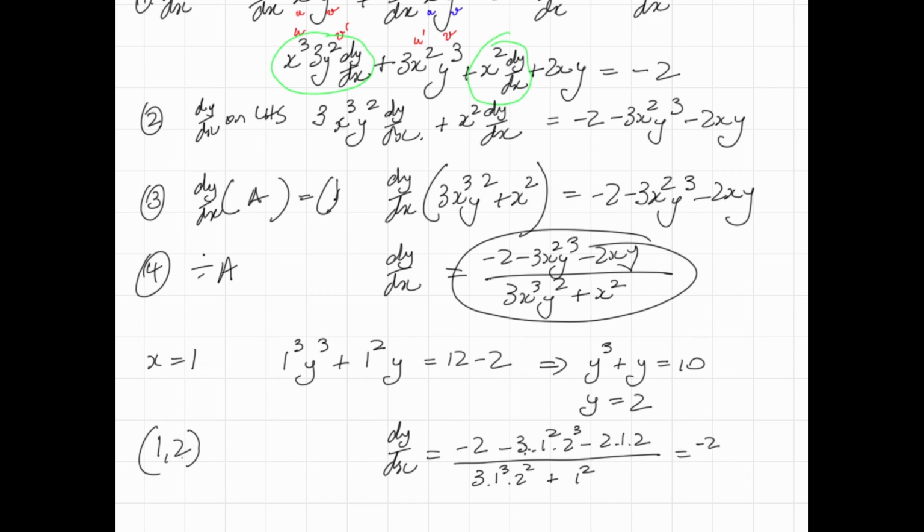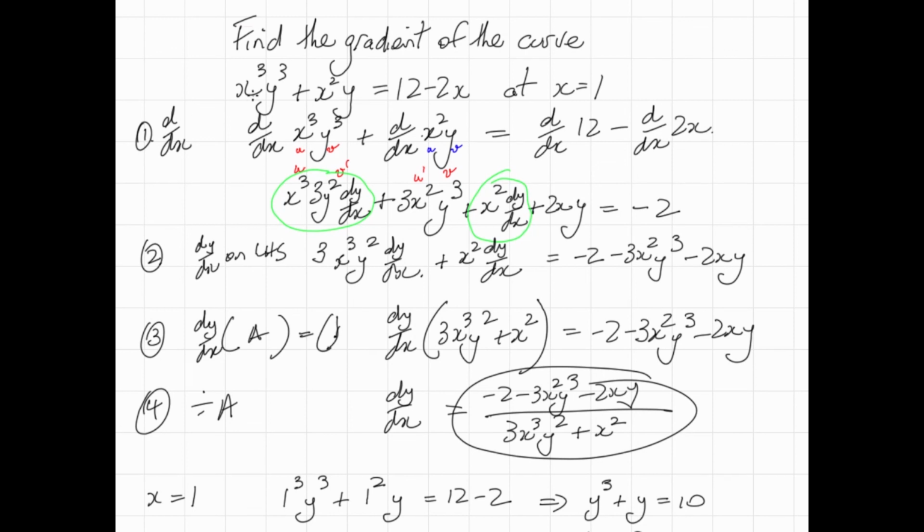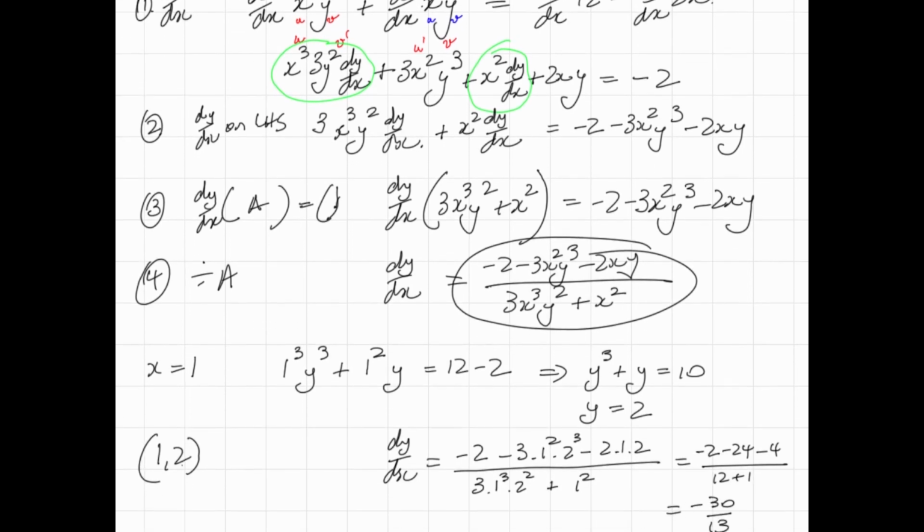We're substituting in up here, putting x equals 1 and y equals 2. And we get negative 2, that's 8 minus 24, and that's minus 4, all over 12 plus 1, and that's equal to negative 30 on 13. So that is the gradient at the point (1, 2) on the curve x cubed y cubed plus x squared y equals 12 minus 2x.